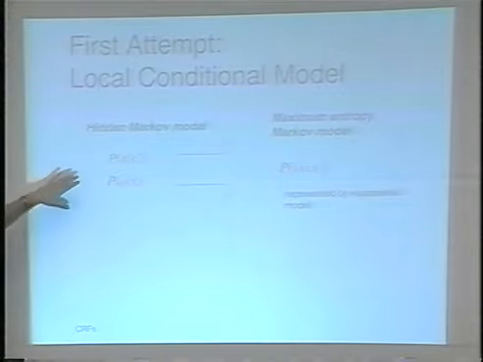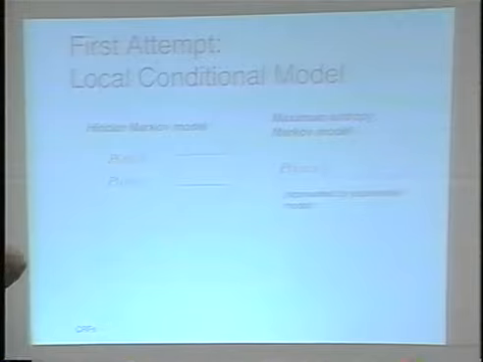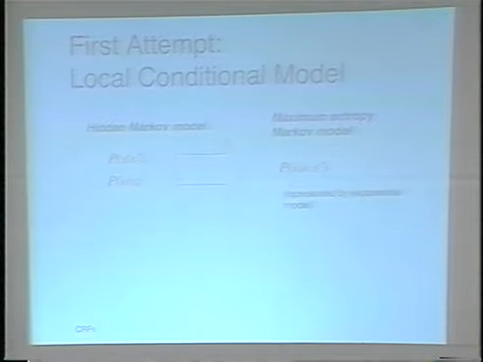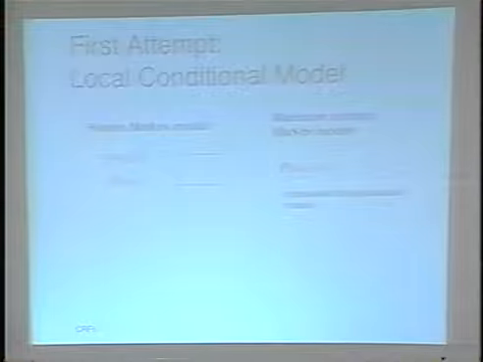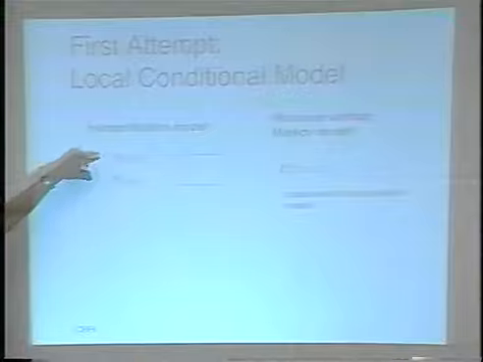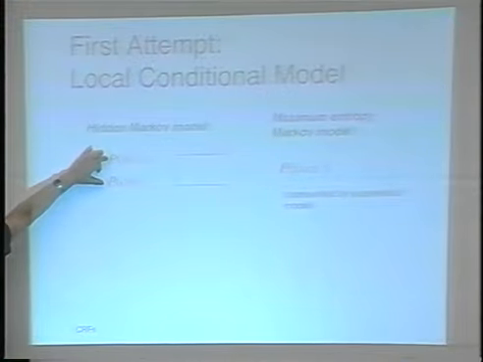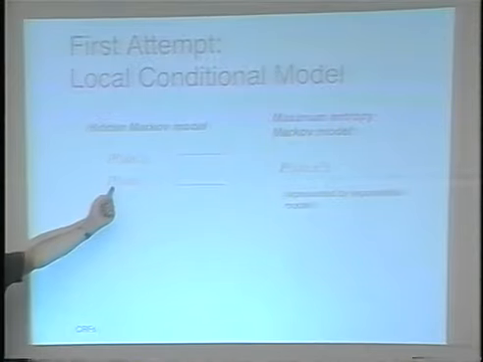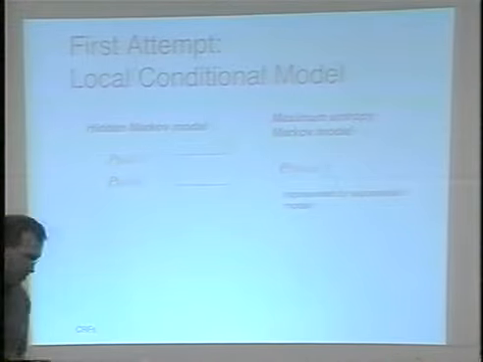The first alternative we thought about was a local conditional model, rather than the perspective I gave, where you have a whole input sequence and whole label sequence or state sequence. We thought, let's look at the individual classification at each point. Can we treat that in a different way than, say, in an HMM, where the probability information at each point is the probability of a state given the previous state and the probability of an observation given the state?